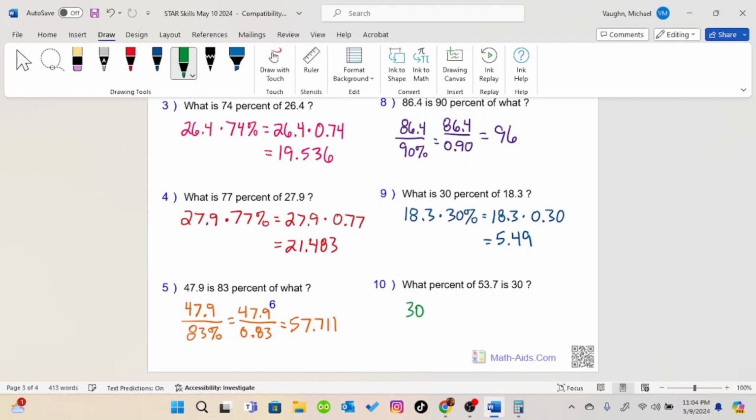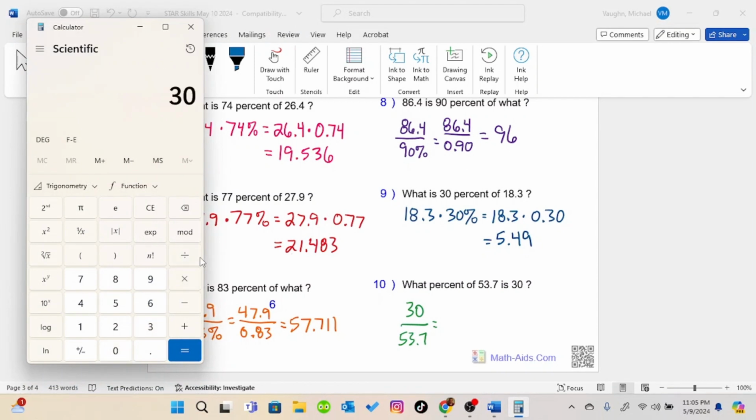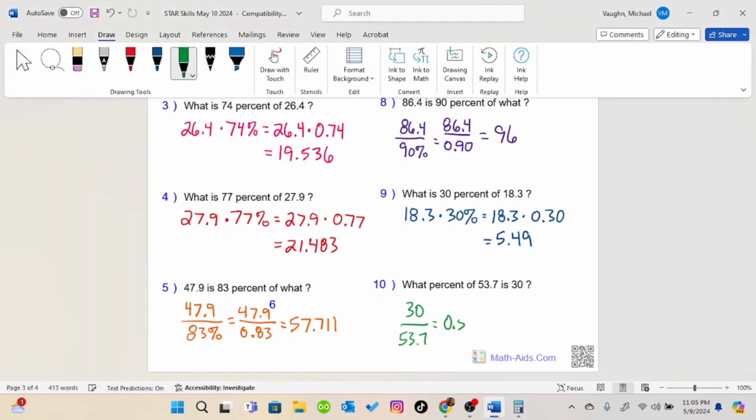So this would be 30 divided by 53.7, and that equals 0.55866. But now we need to move this decimal 2 spots to the right so that this becomes 55.866%.